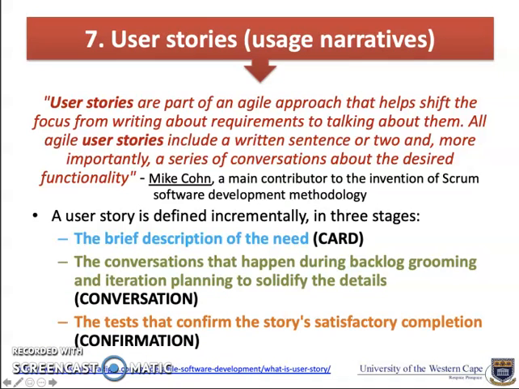So basically, the user story is defined incrementally into 3 stages. Using that format that I just showed you, it will be written on a card, and this will be a brief description of the requirement itself. Now this leads into an invitation with the BA to actually go and find out much more about the requirement.